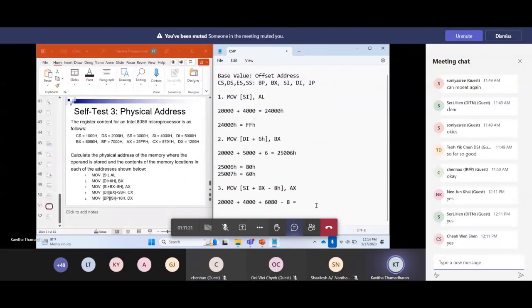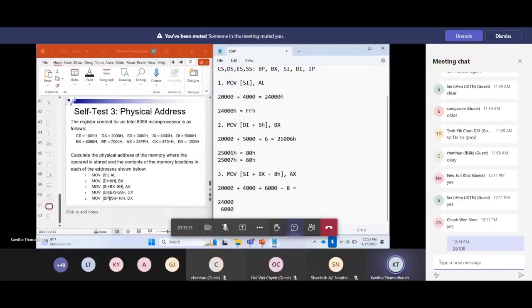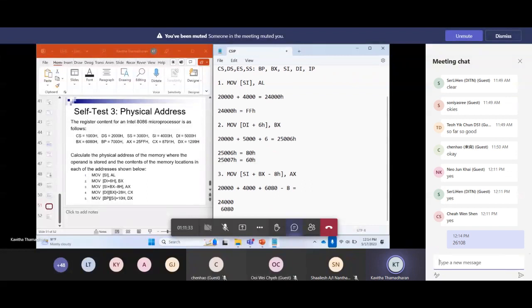24,000 plus 6080. So you get 0, you get 8, you get 0, you get A, and you get 2, right?